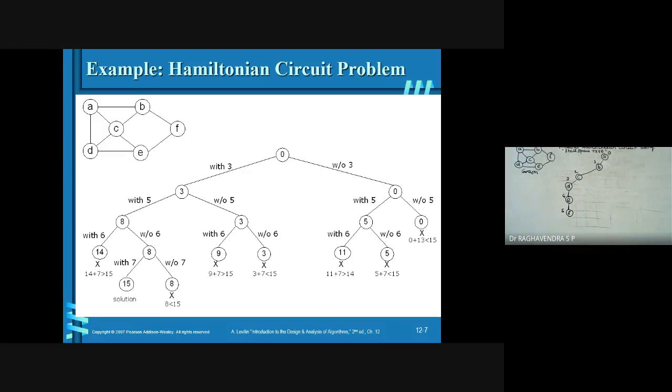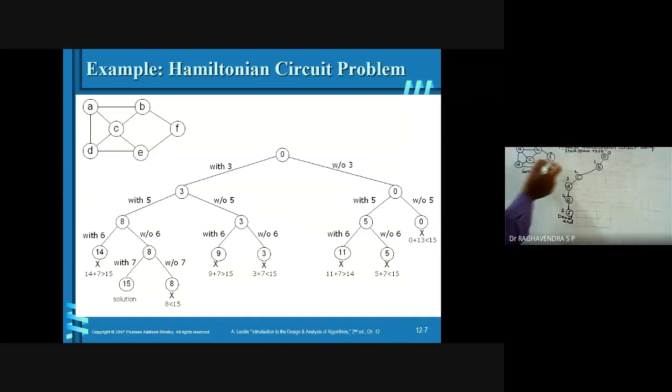Now what happens? I can declare this as a dead end, because I cannot go anywhere now. I am stuck here because F is the end. I cannot go back to B, because B is already visited. You can visit a vertex exactly only once. I also cannot come back to E because E is already visited.